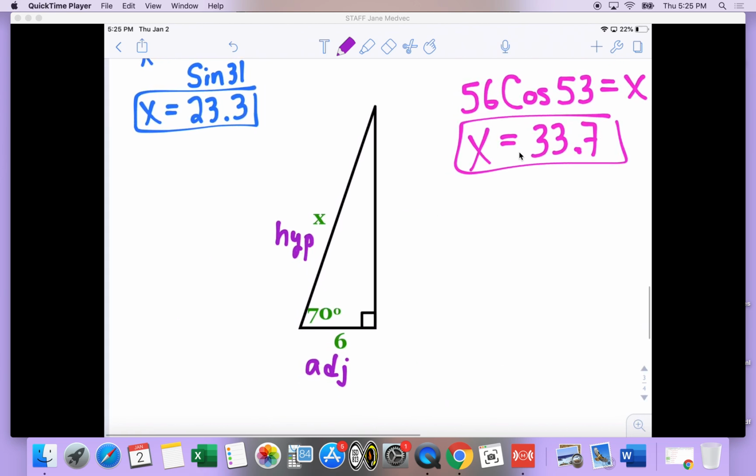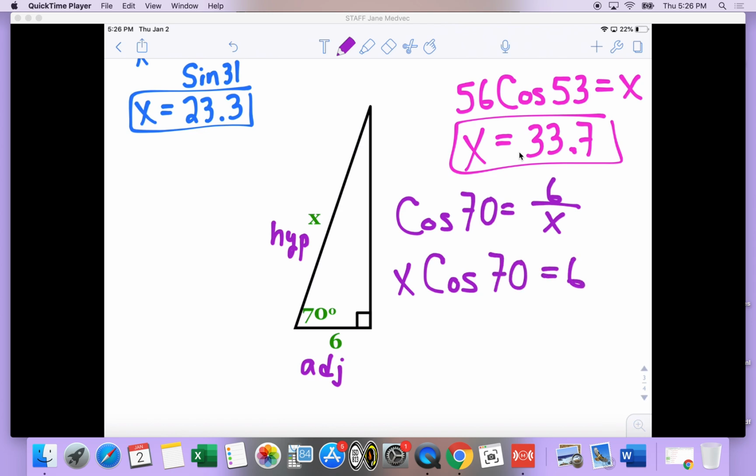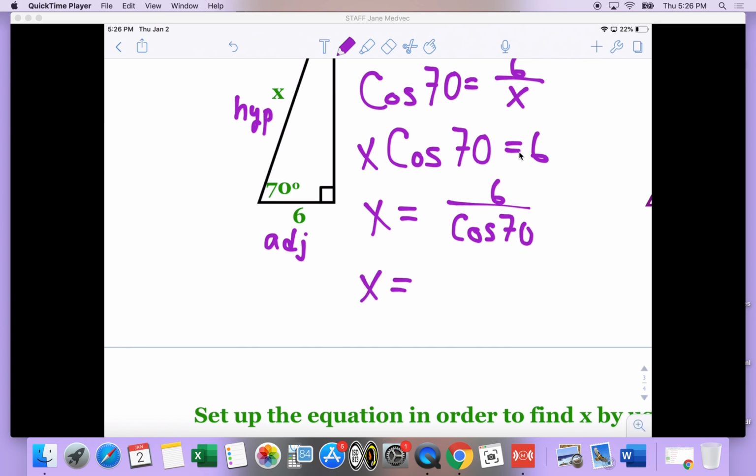So cosine 70 equals adjacent over hypotenuse. I want x by itself, so I'm going to multiply both sides by x, then divide by cosine 70. I'll enter that in my calculator, and I end up with 17.5.